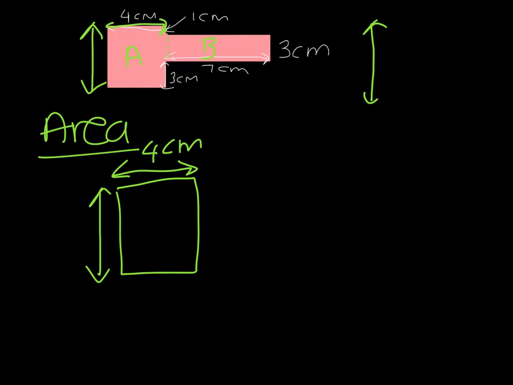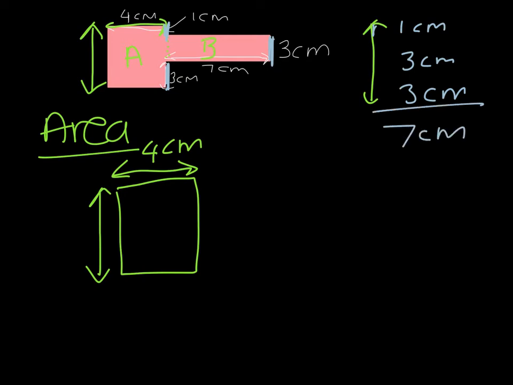So I know that this part here, just down the side of the shape there, is 1 centimetre. And then the next part of that height, I can see a 3 centimetres there. And then the other part there is also another 3 centimetres. So I can work out the total of that length there. So 3 plus 3 plus 1 is giving me 7 centimetres for that total height. So 7 centimetres.